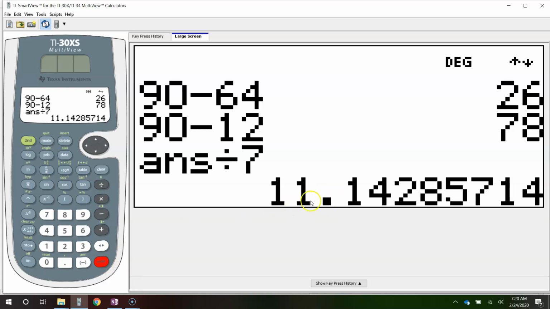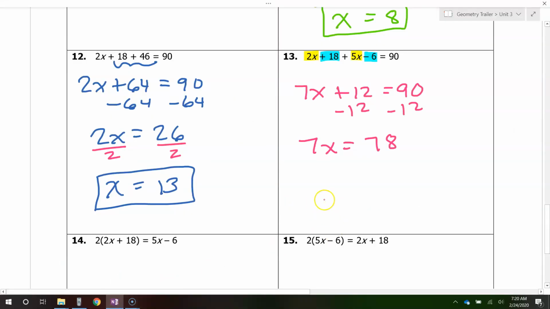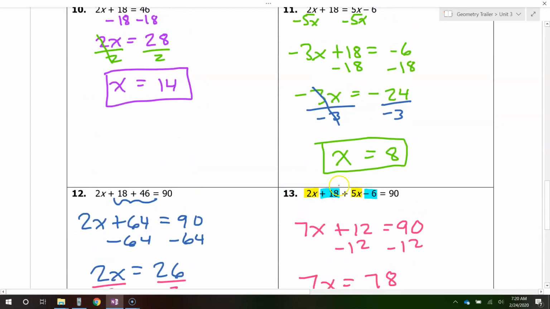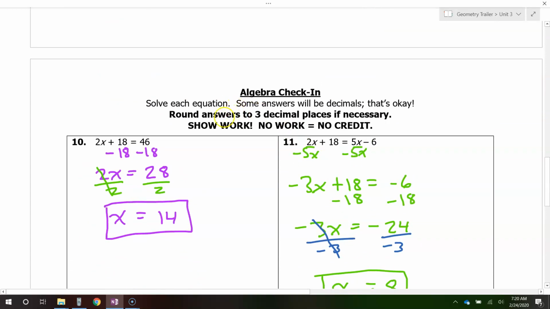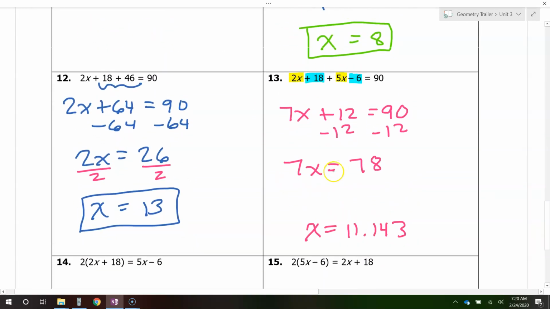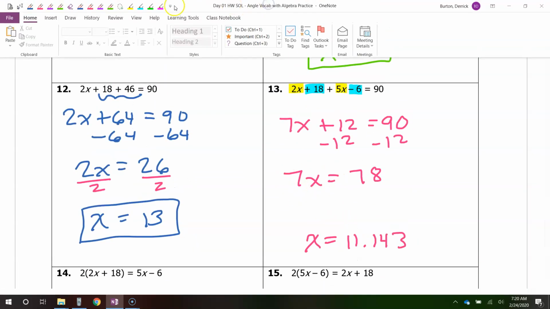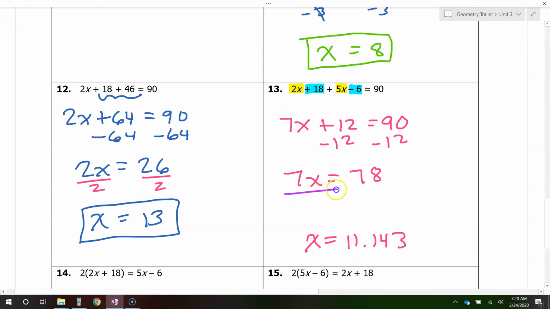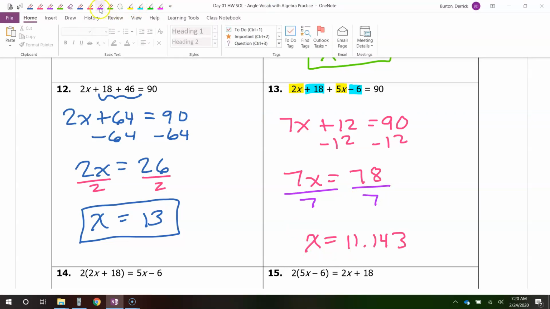Are we allowed to have decimals? 11.143. Got to round up. Does it say round answers to 3 decimal places if necessary? Okay, so there you go. Let me show that last little step there. All right, so that is it for number 13.